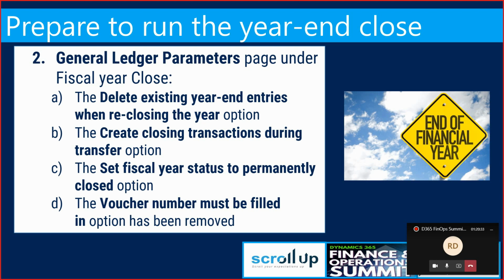So if you would like to delete the opening that you have created when you do the rerun, you have to set this to yes. If it is set to yes, the previous opening and optional closing entries are deleted. If it is set to no, the previous opening and optional closing entries are not deleted. The difference, or the amendments that are done, will be generated in the closing in that case. So this is the difference. The delete existing year-end entries when reclosing the year option has to be set to yes.